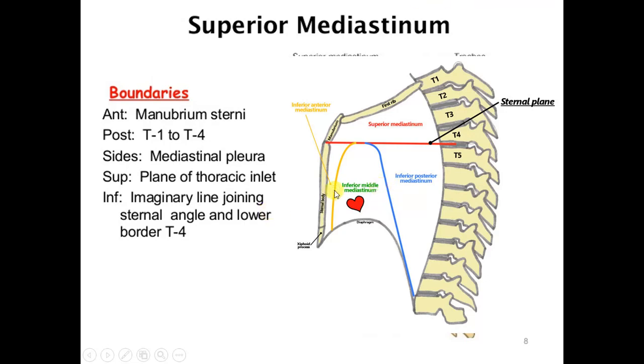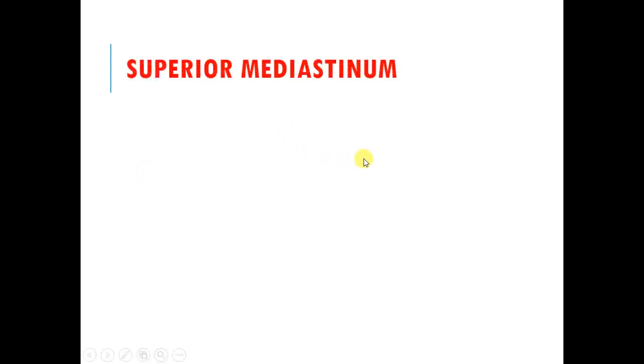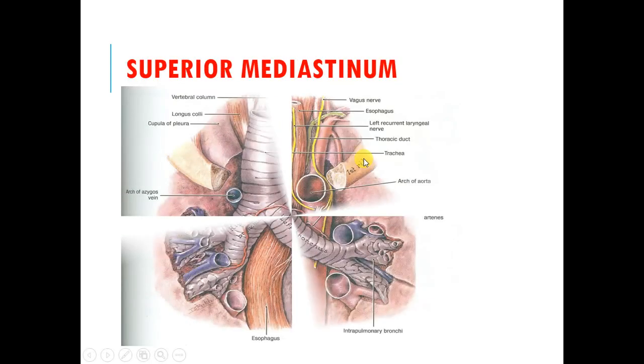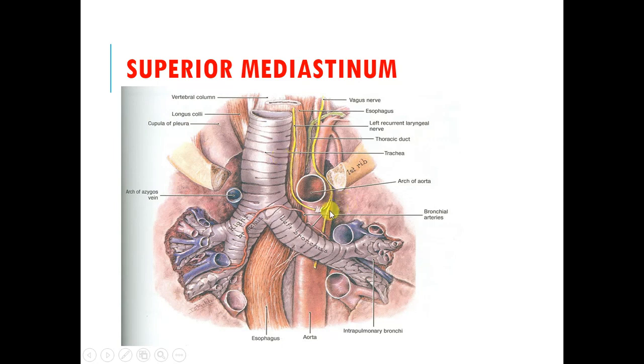Now we have seen the superior mediastinum. Now we will see here the structures in the superior mediastinum. At this level, the sternal plane passes.